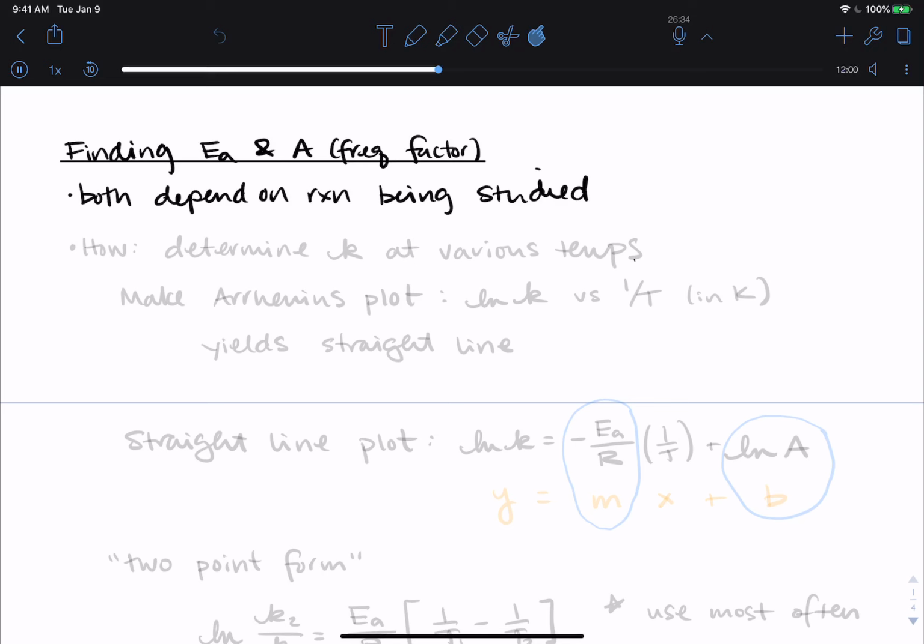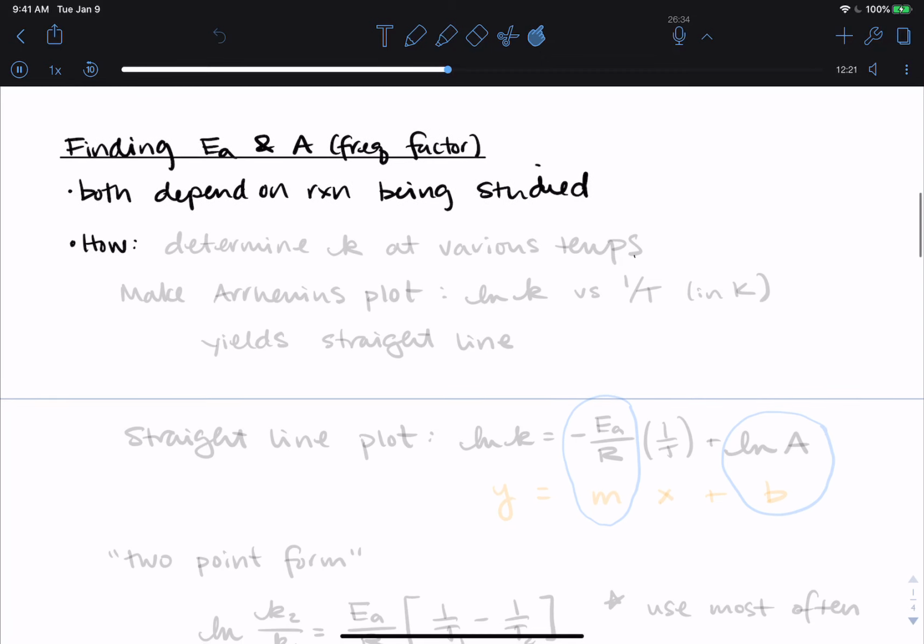The way you would go about doing this, and you will not actually do this, but the way this was derived, is that we've already done experiments and calculations to determine the rate law. You run a bunch of trials and get the rate law, and then you can use the rate law to determine the rate constant, or you could make one of the plots to determine it.